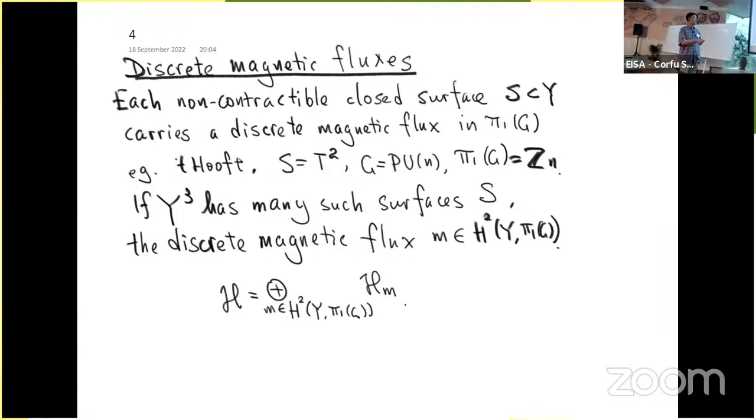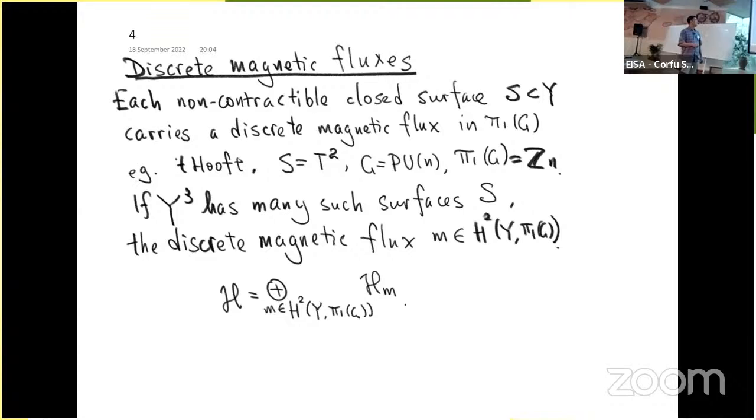In that case, the fundamental group is Z_N, and the discrete magnetic flux is an element in Z_N. In general, for each closed surface, we have a discrete magnetic flux, which is in the fundamental group of the gauge group. Again, this is a finite abelian group of which Z_N is an example.